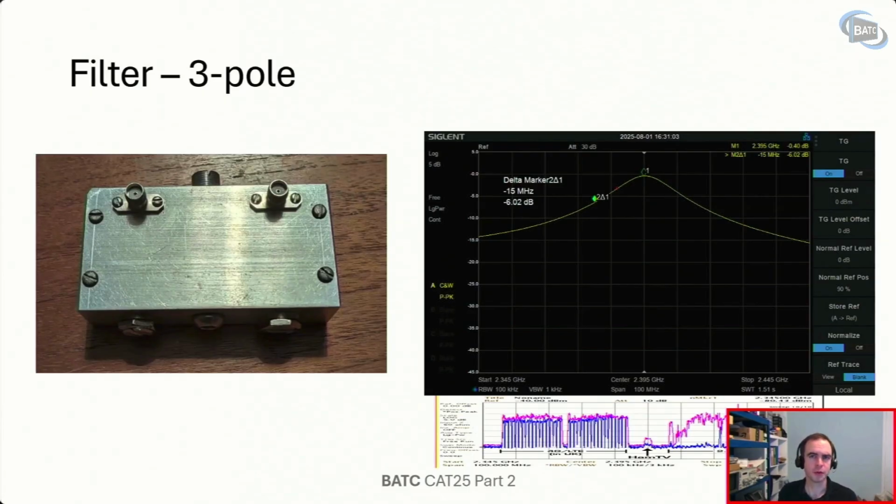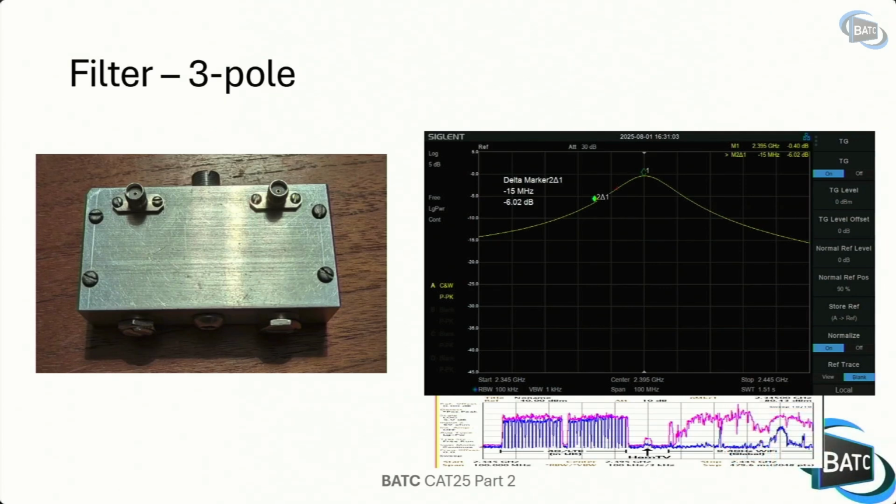So this is a 3-pole filter that I picked up, I think, at CAT25 that was being sold here. It's a 13 centimeter 2320 megahertz unit, and I've retuned that using the 3 tuning screws to center it on 2395. And there's the plot there.